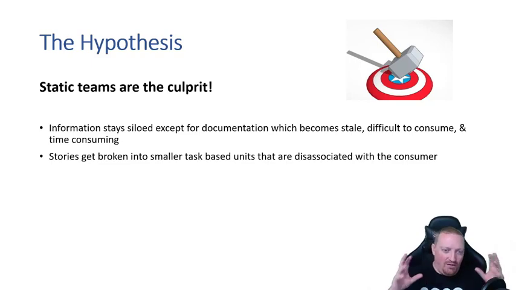We loosely label the overall shared story as a feature. Then that feature gets broken down into stories, and the stories get distributed amongst all the different teams, or simply tasks. They're just technical tasks that the team has to do in order to facilitate the story from some other group upstream.